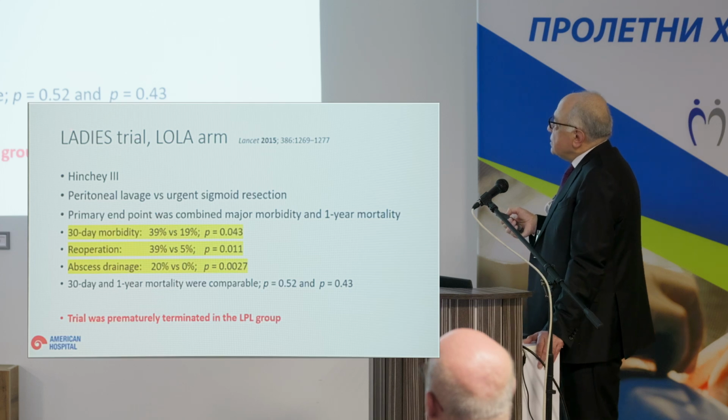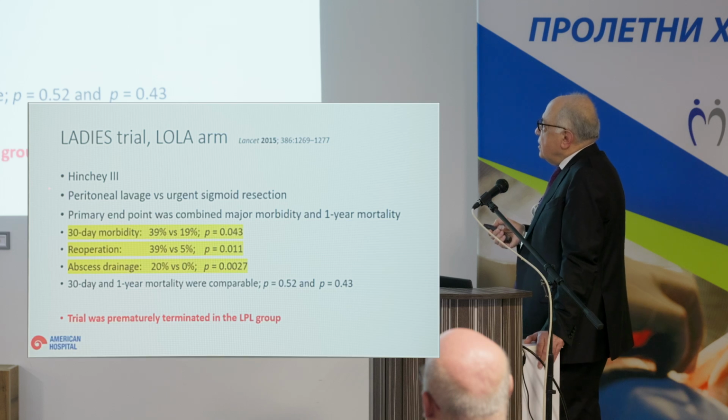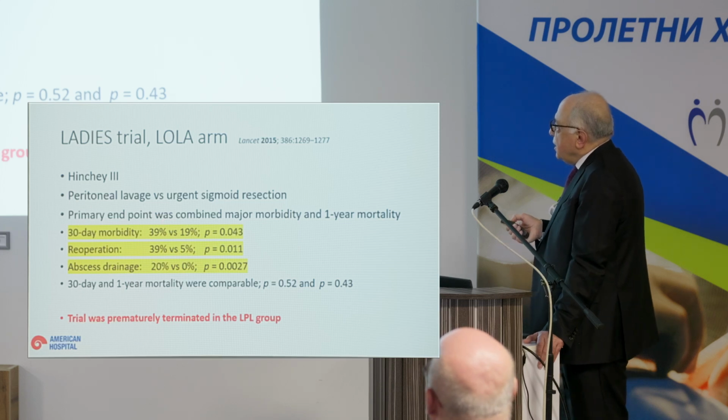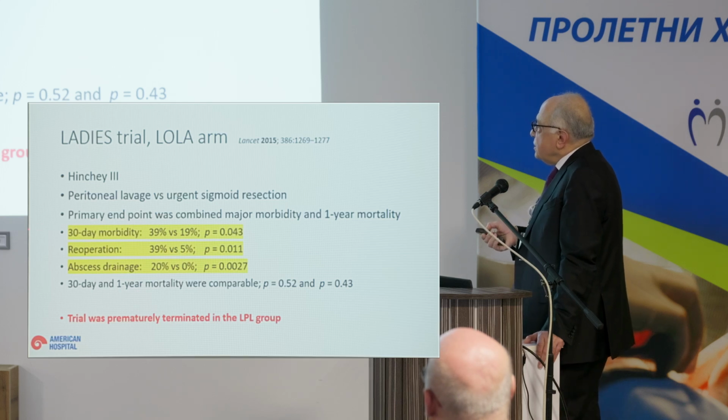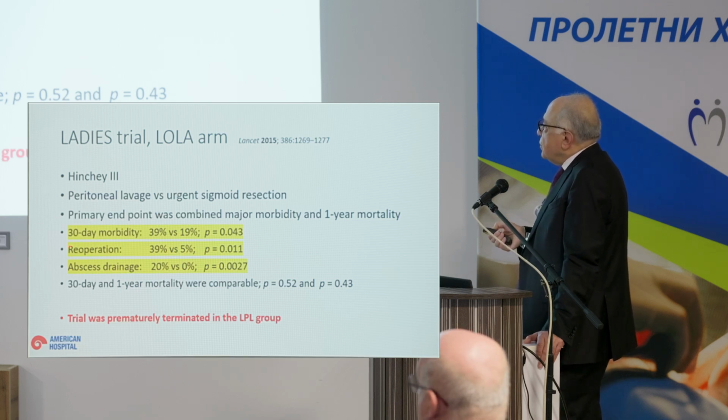The first one is the LADIES trial, published in 2015, and the authors included Hinchey 3 cases, and they compared peritoneal lavage versus urgent sigmoid resection. The primary endpoint was major morbidity at 1 year. As you can see here in the yellow part of the slide, the 30-day morbidity was very high for the lavage procedure, 39%.